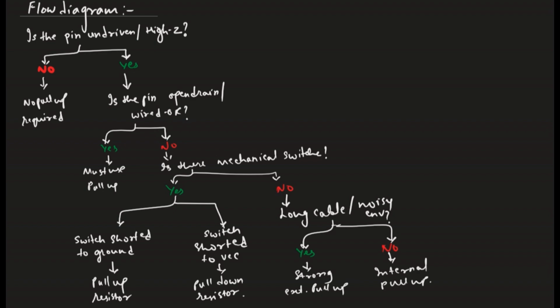Usually the external one is used with I2C. So all these places where they have been used are a very important part. Hence please make sure you learn this flow diagram by heart. It is very easy, you don't even need to mug up. Once you understand the flow, it is easy to remember.